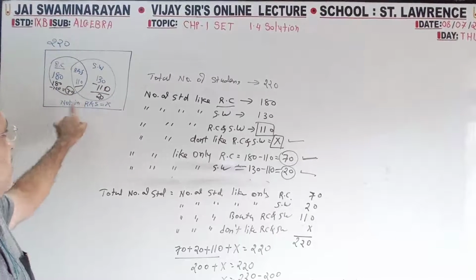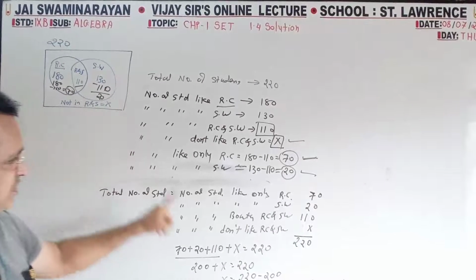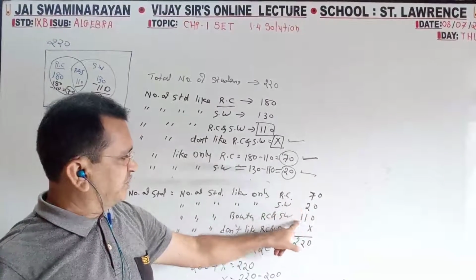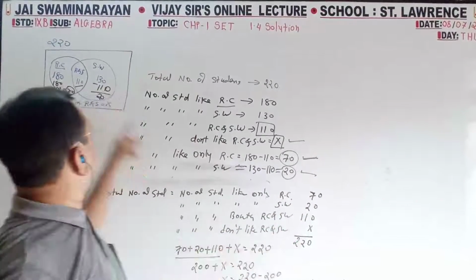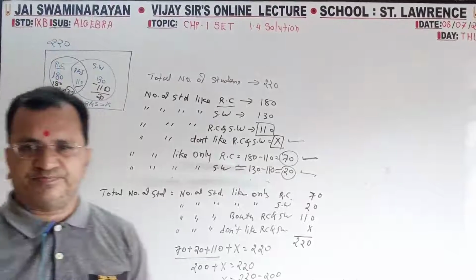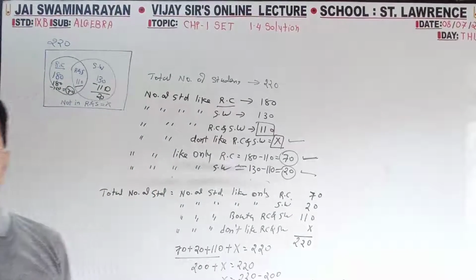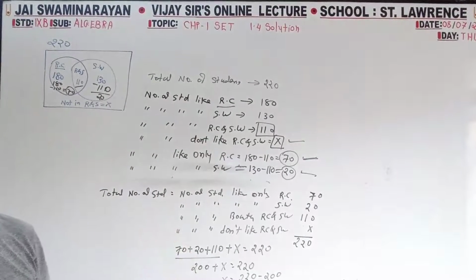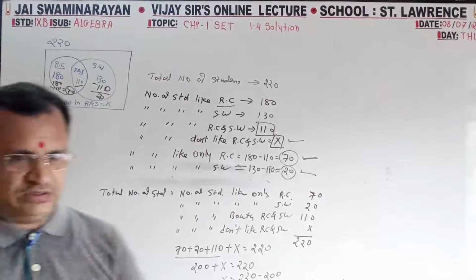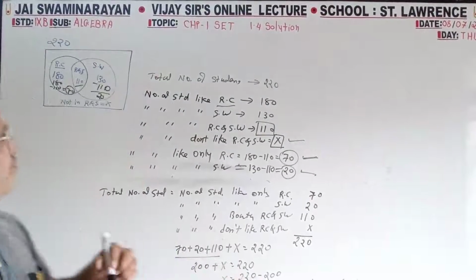Both and none, that is X. So 70 plus 20 plus 110 plus X is equal to total number of students, universal group. Take this as a screenshot. This is the solution. This is 4.